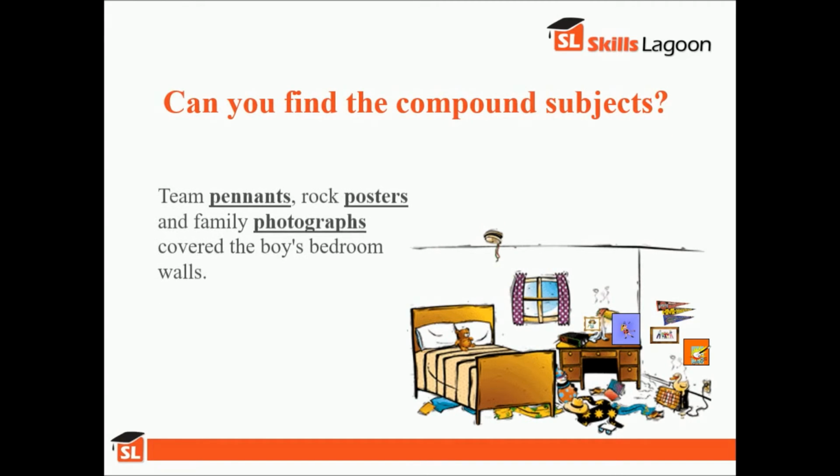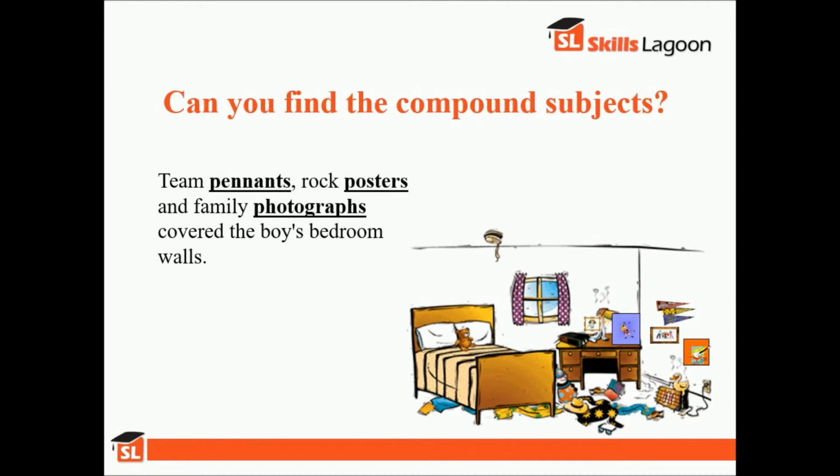Here is the answer. Pennants, posters and photographs. These are the compound subjects, because every time I am getting the question what, like which things have covered the boys' bedroom wall. So the answer is pennants, posters and photographs.